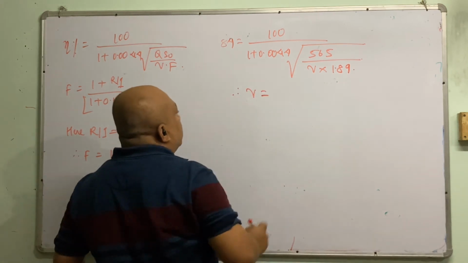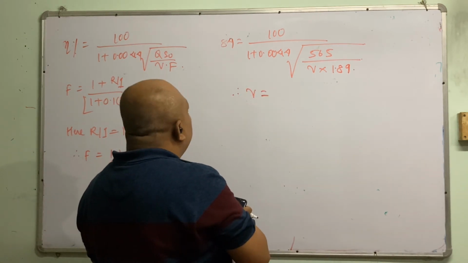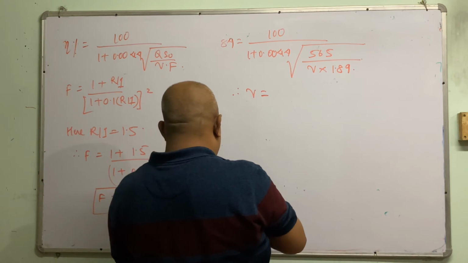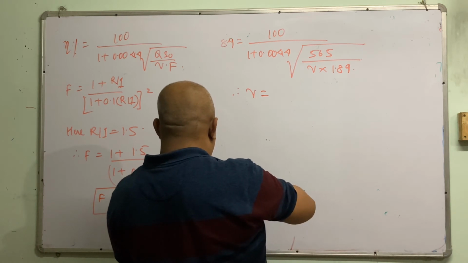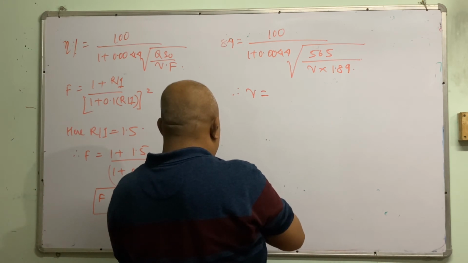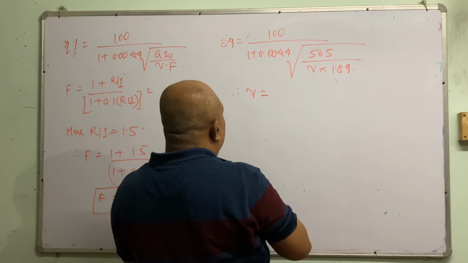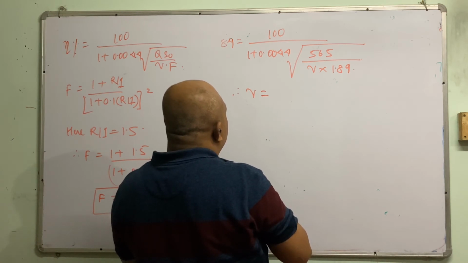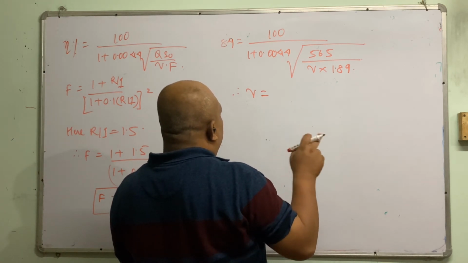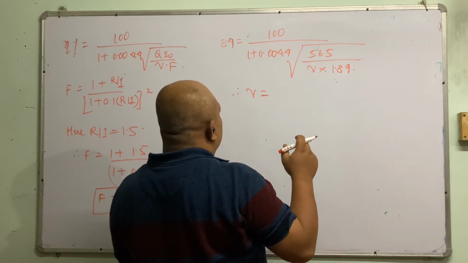Therefore, V is equal to, what I got is 1 by V into 1.89.